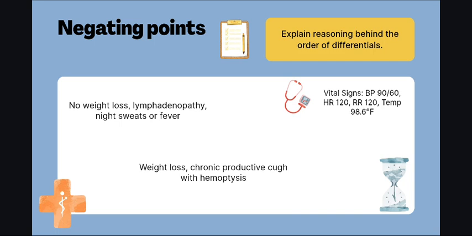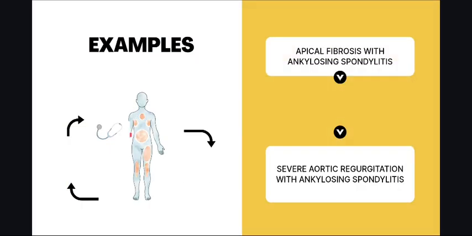Let's take another example. A patient presents with shortness of breath and you find out that the patient has ankylosing spondylitis. Now, the severity or the acuteness would depend upon how long the patient has been experiencing that symptom. It could be a longer duration, and the examination finding would support a differential of apical fibrosis.